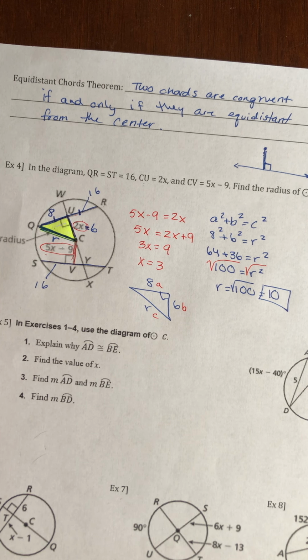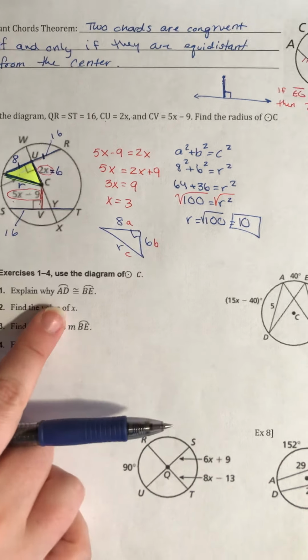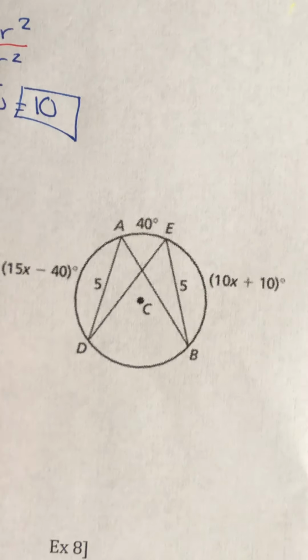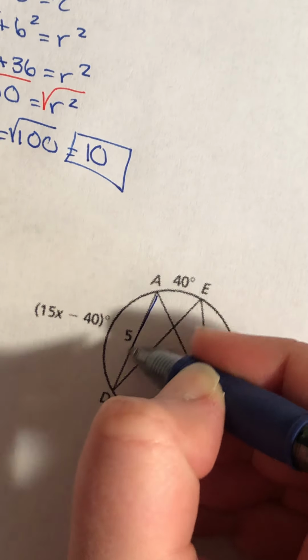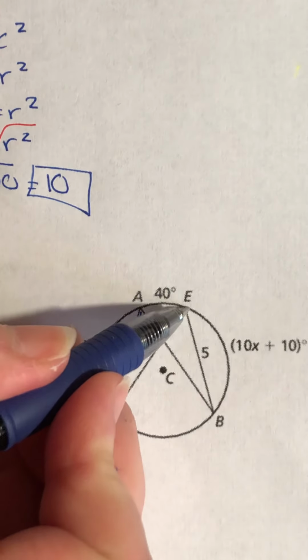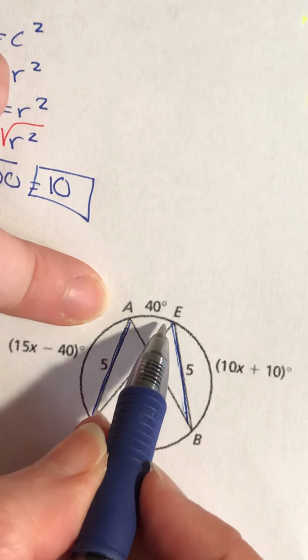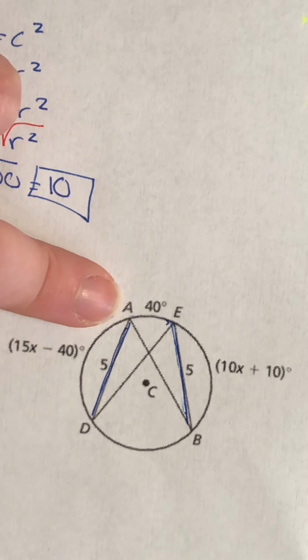So we're going to do just a couple more examples with those theorems we just learned. So first, we have this picture right here. There's a couple things going on. I have these two congruent chords. They're both 5. The degree of this arc is 40.